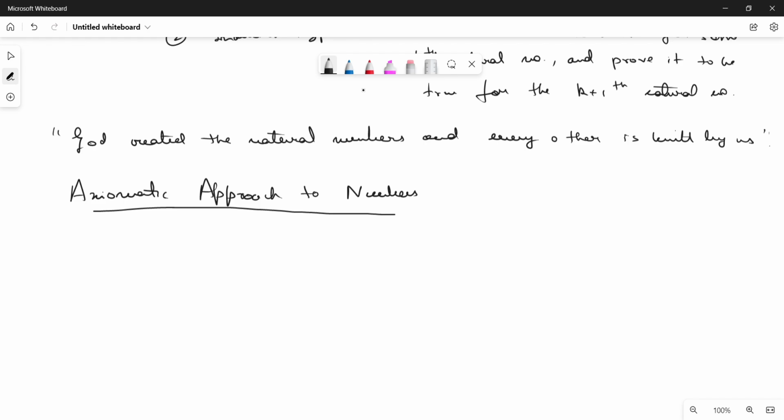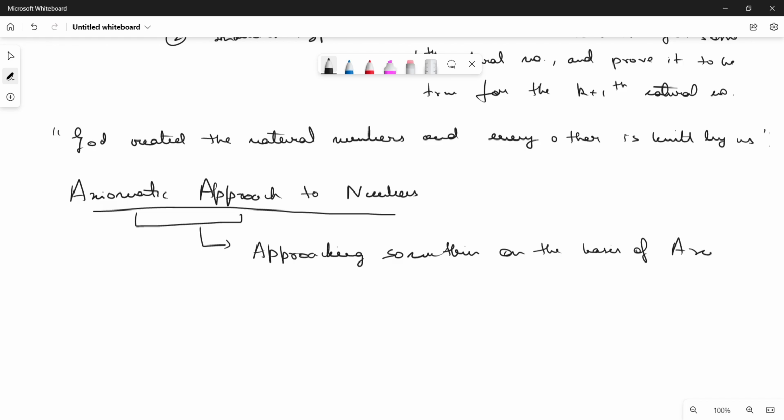So what is meant by the axiomatic approach? It basically means approaching something on the basis of axioms.